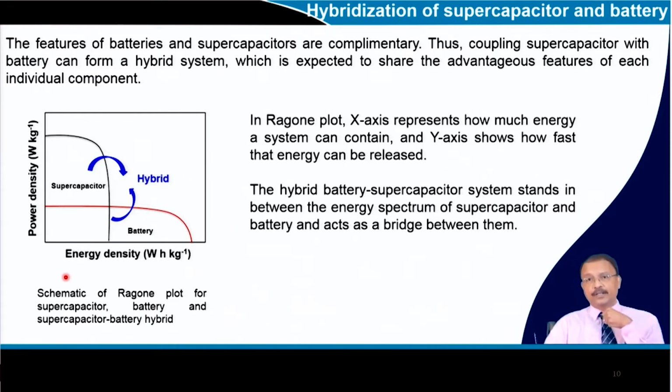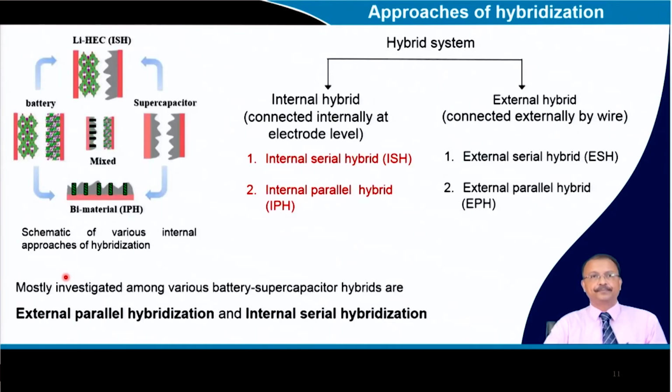If you drain a lot of current, then the capacity goes down, so your power density is less. A supercapacitor is just the reverse. It has a good power density, particularly if you are using the EDLC type, and it has very poor energy density. So, make a hybrid, and you get the advantage of both battery and supercapacitor. So, that is the idea.